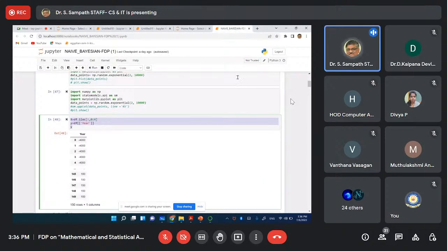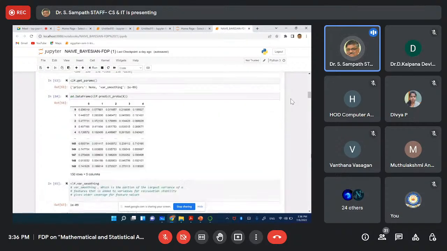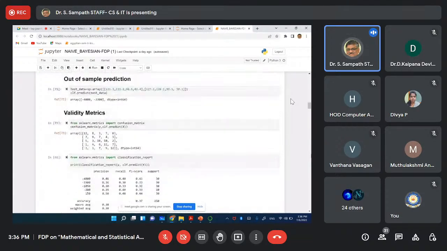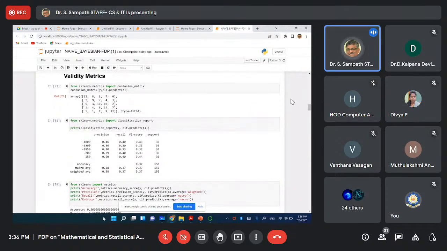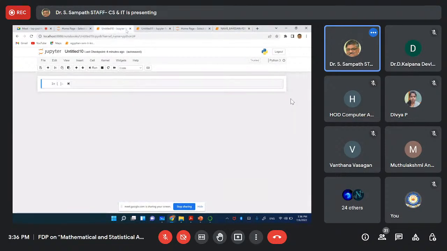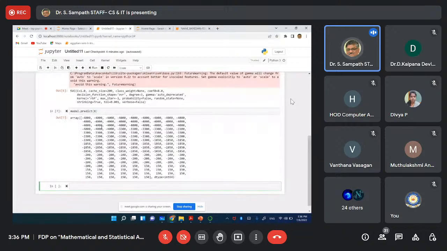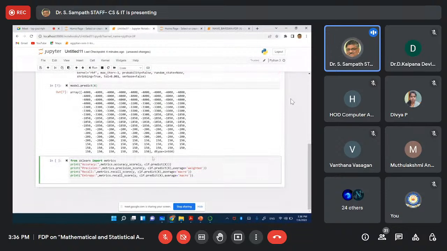Okay. Yesterday we did the same thing for the naive Bayes version. Now let us have a quick comparison of what happened in the case of naive Bayes with this one. You will be surprised why this is working so well. I'll come to this page. I would like to get all the scores.